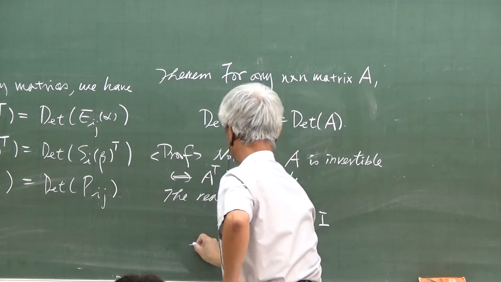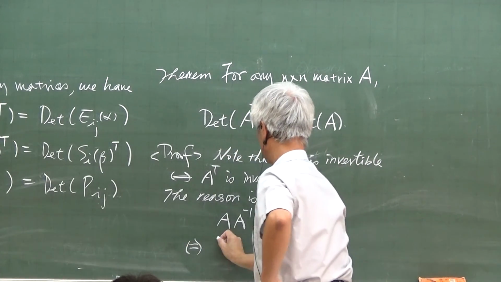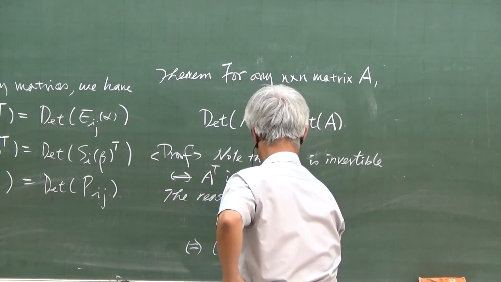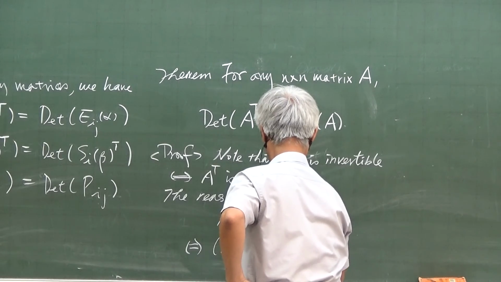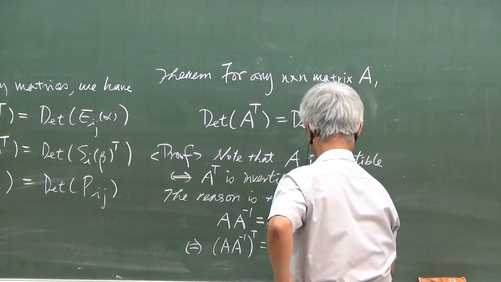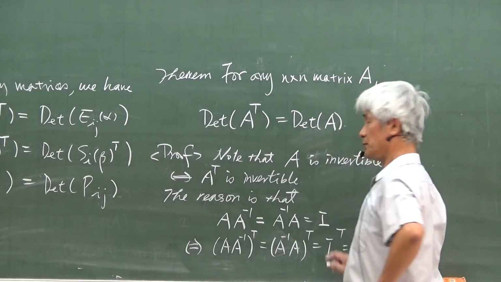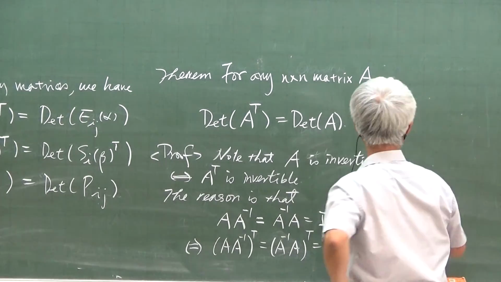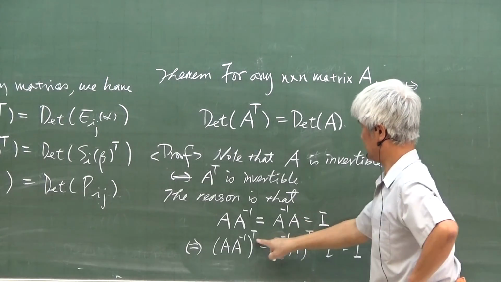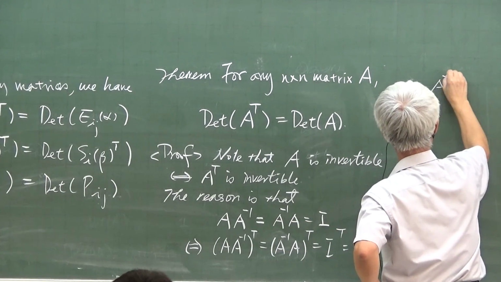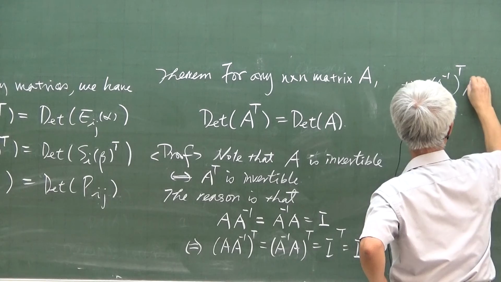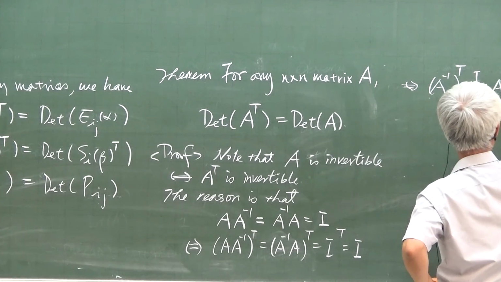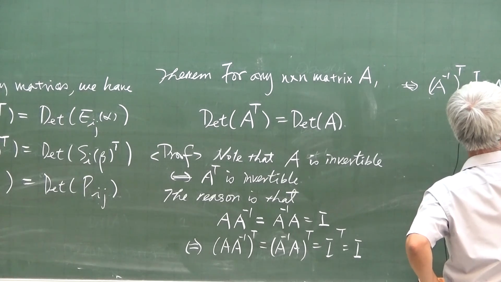When you take the transpose, you get the transpose of the identity matrix, which is itself. So you can see A inverse transpose times A transpose equals A transpose times A inverse transpose is the identity.